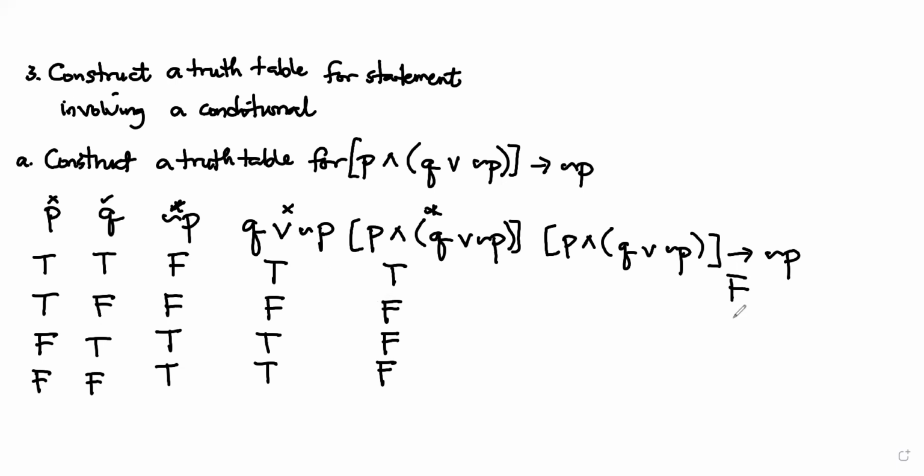False implies false: the antecedent and consequent are both false, so it's true. False implies true, the consequent is true, so it's true. False implies true, that is true. So this is the truth table for the given statement.